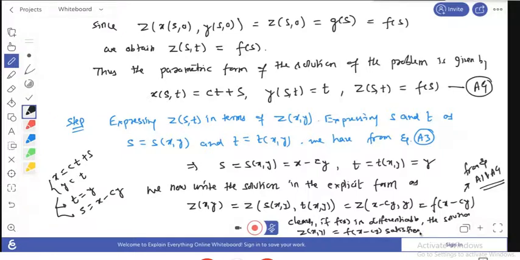This satisfies your given PDE. You are given the PDE as well as your initial condition. So you can write the PDE as well as your initial condition. Okay, so this is the solution which satisfies this PDE as well as your initial condition.